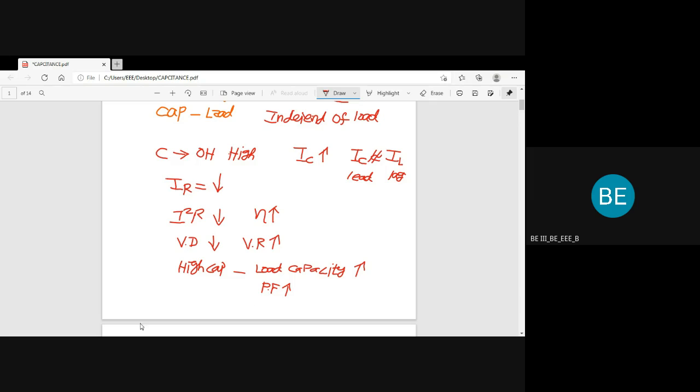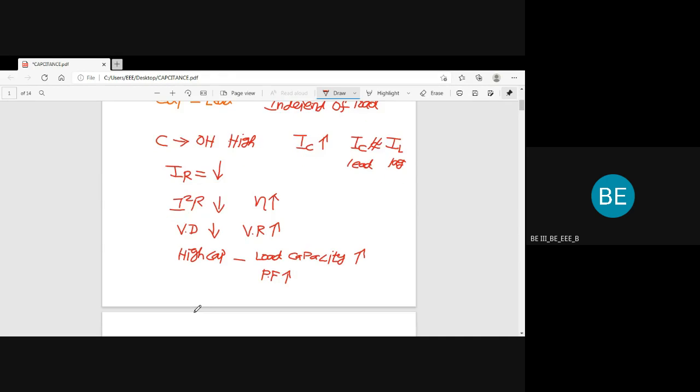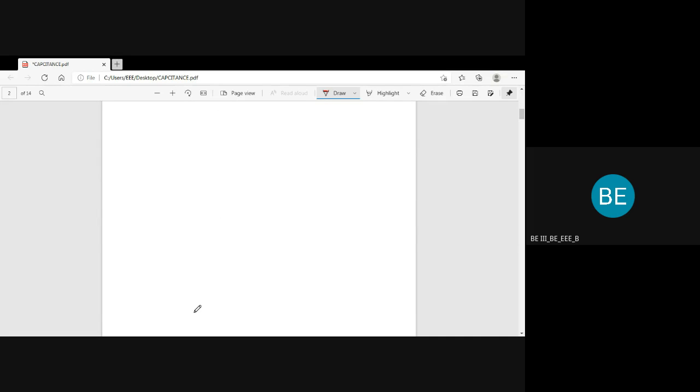Now we are going to derive the equation for capacitance. Just as we derived the value for inductance, likewise we have to derive the value for capacitance. Before going to that, first we will see what is meant by electric potential.